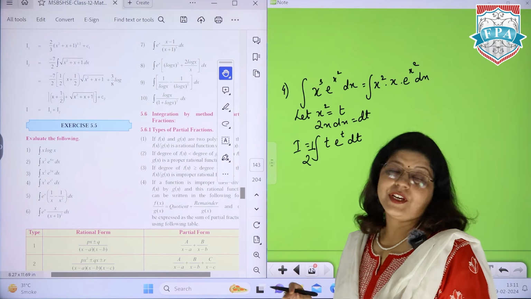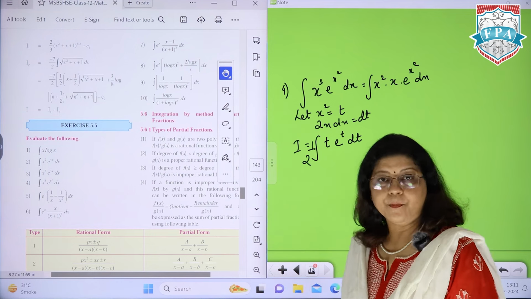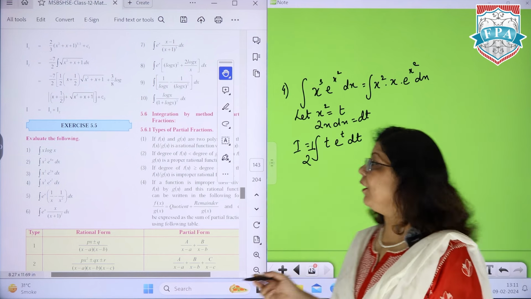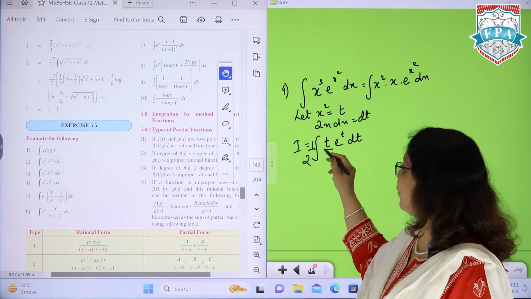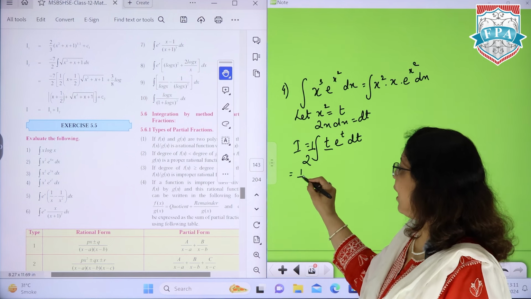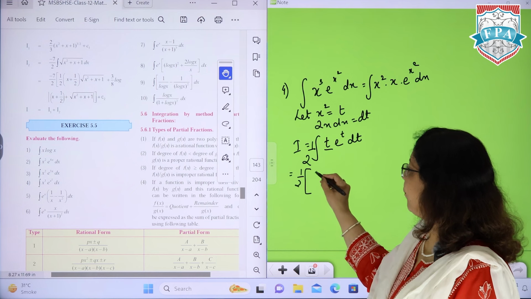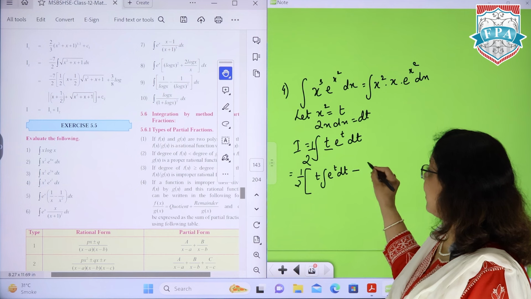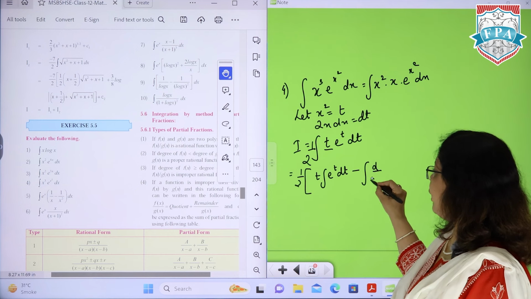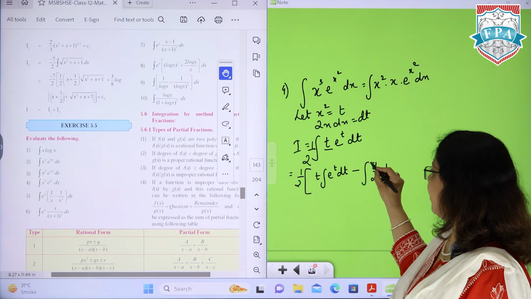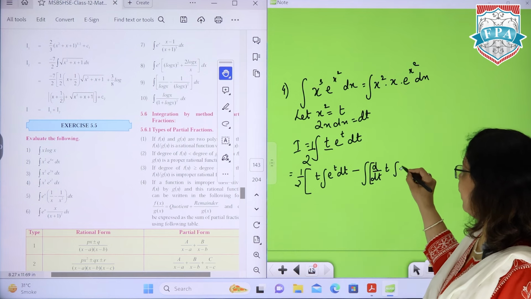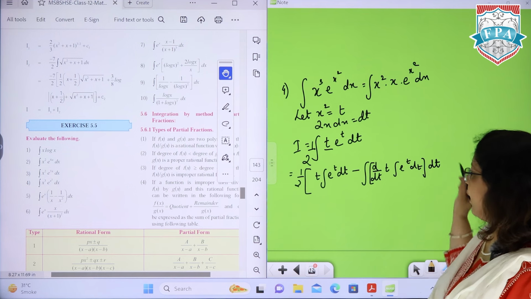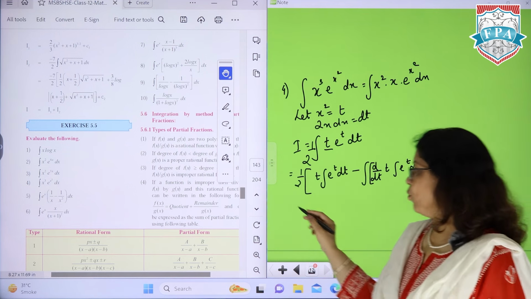Now the format is basically of uv. Between algebraic, because t is considered as algebraic, and e to the power of t, your preference is given to t. So it will become half out, take a big bracket, t integral of e to the power t dt minus integration of d by dt of t integral of e to the power t dt and then final integral dt and then bracket close.